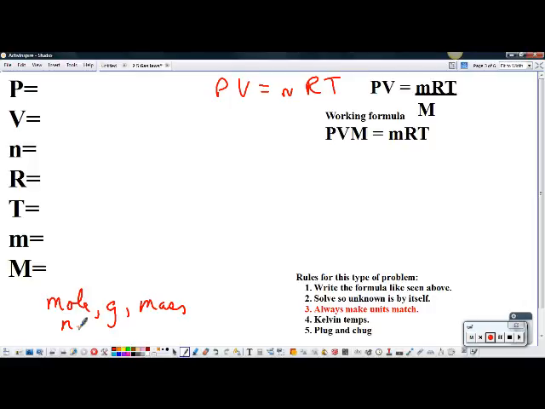So if it says mass, or it has g as a unit, what do I do? Use the black one or the red one? You're going to use the black one because it has m's in it, and m's stand for mass.